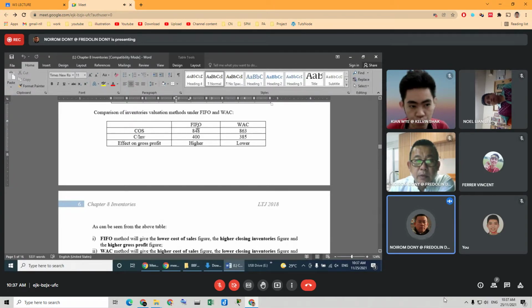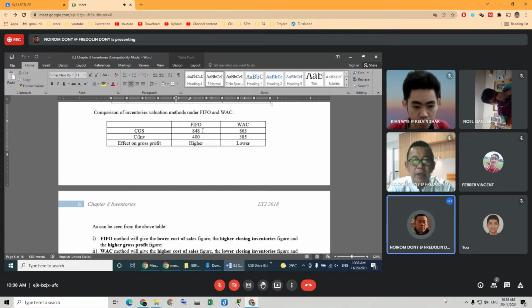Okay. And so what do you think? Cost of sales, if it's first in, first out, is lower. Okay, why? Because they are charging the cost of sales based on the old price, which the price is lower. Because if you look at the question, the price is increasing, isn't it? Increasing, which is showing inflation time.